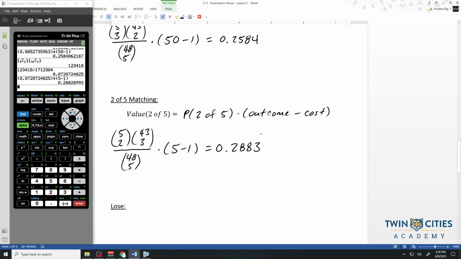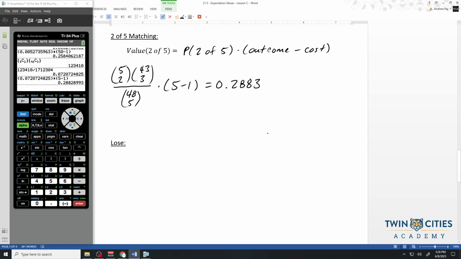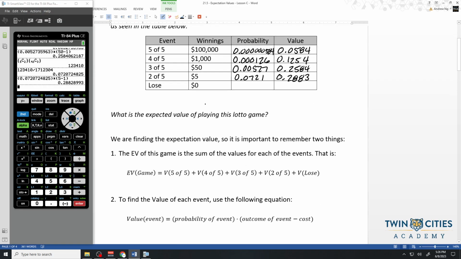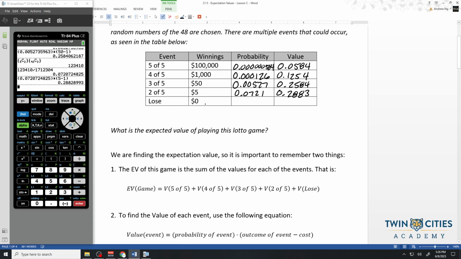Okay, finally, to lose, really I have to break this up into 2 parts. I have to find the value of 1 of 5 and then 0 of 5. But there's an alternative. Instead of figuring out those 2 probabilities separately, I could go back up to my table and recognize that when I play this game, I'm either going to win or I'm going to lose.